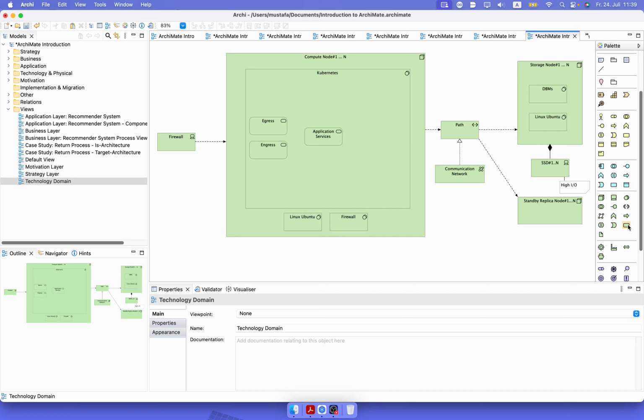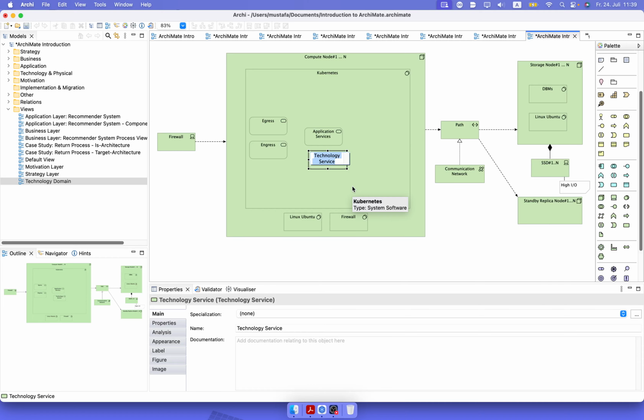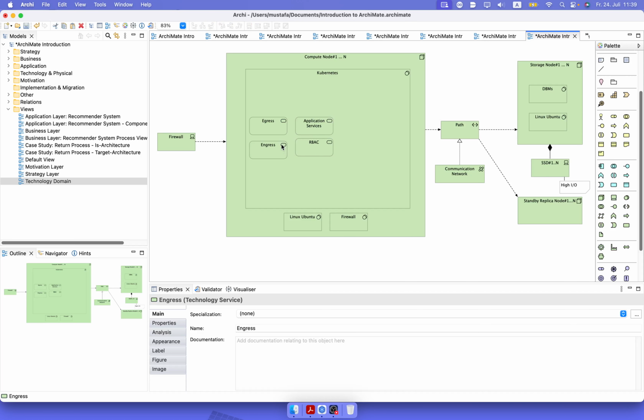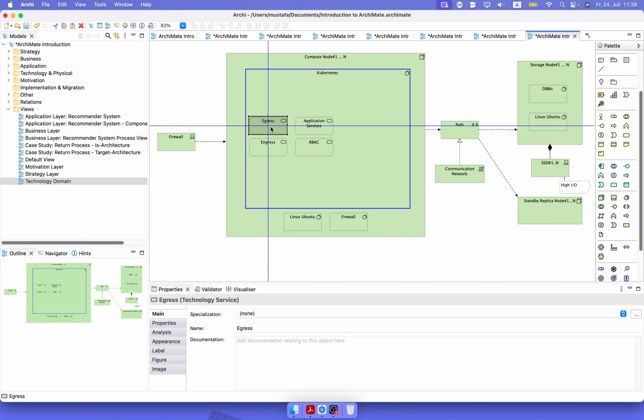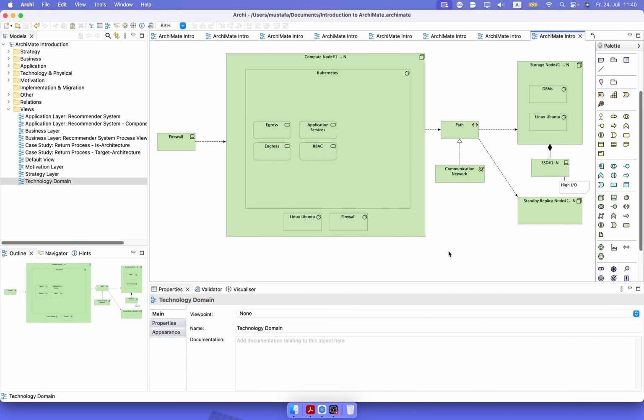We have roles and permissions, RBAC, Kubernetes security components. Pretty much quite complete.